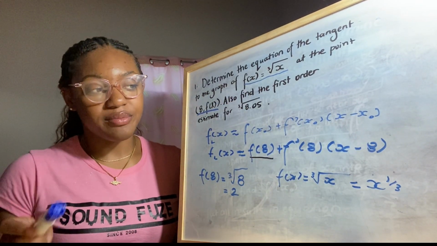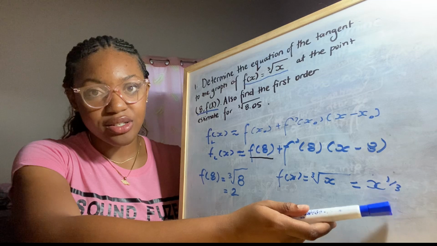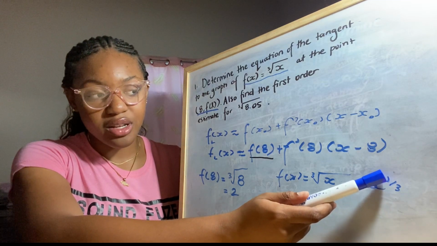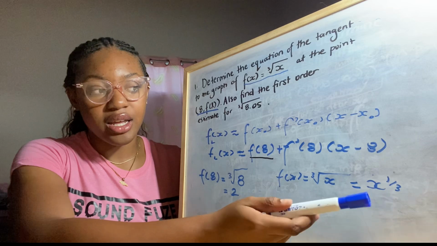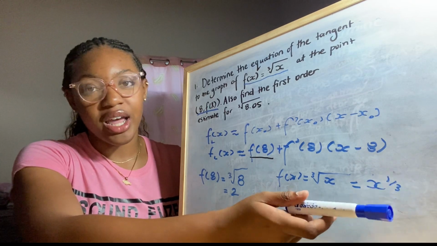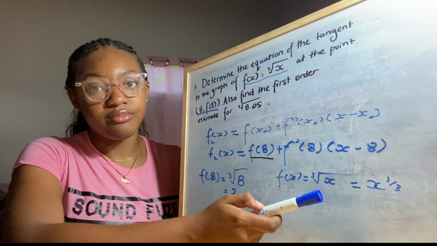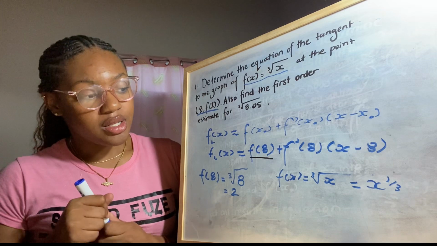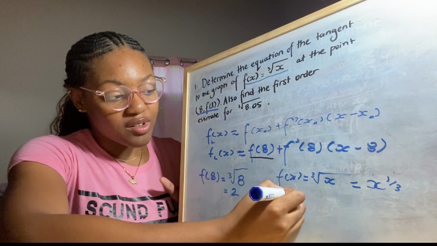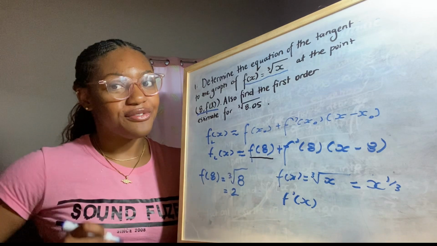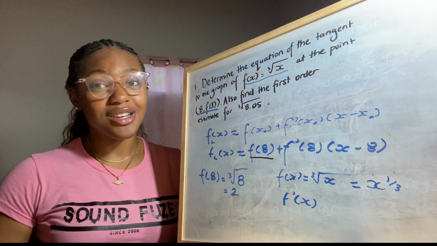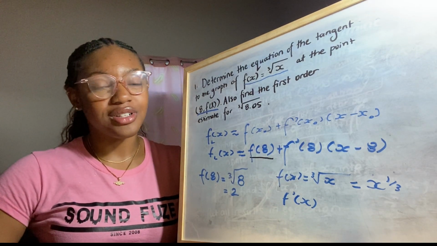Why? Because basically the numerator right here, x to the 1/3, the numerator being 1 represents the power that x is raised to under the sign. And the denominator represents what kind of root it is. Cube root. So now that we have written it in terms of that, recall from the video, differentiation part 1, the power rule.